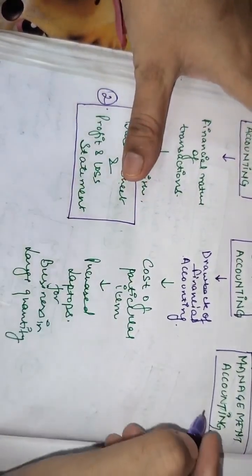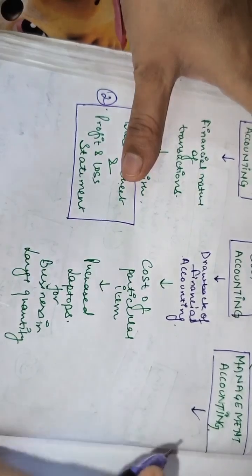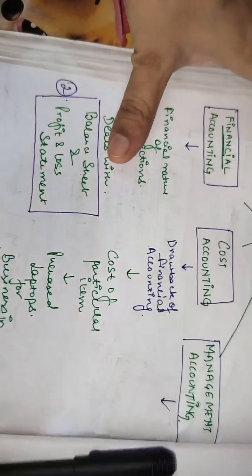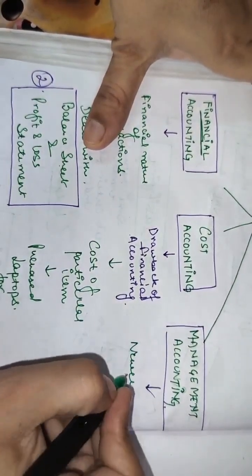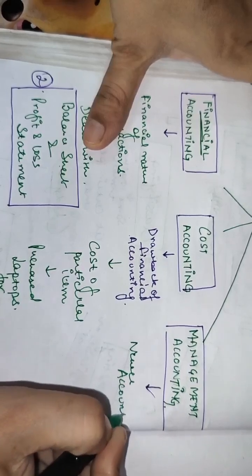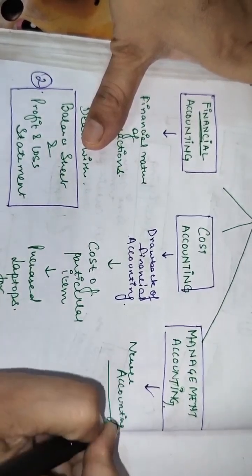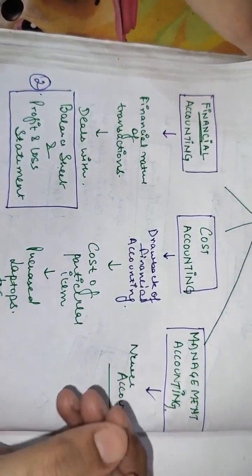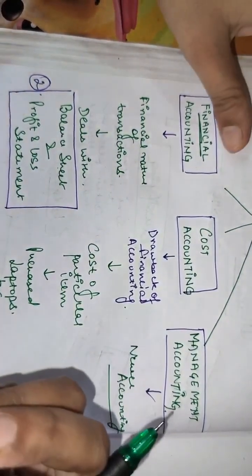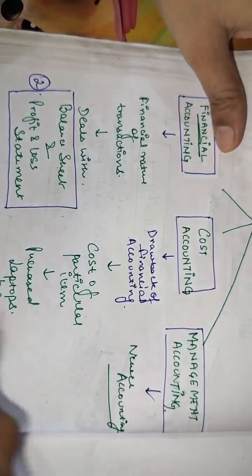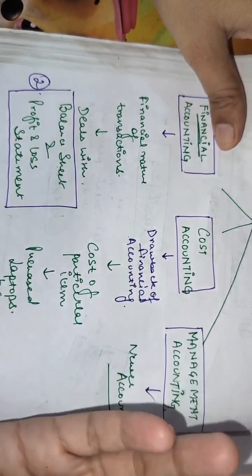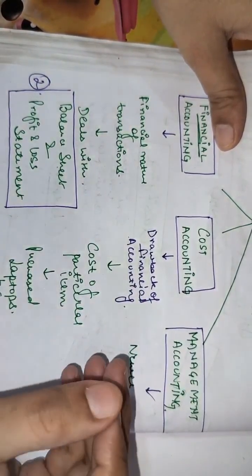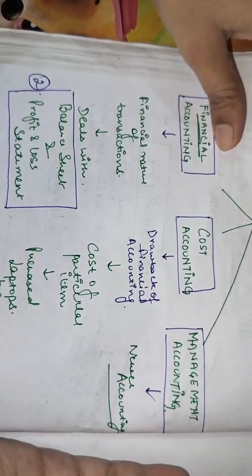The last one is management accounting. Management accounting is the newer accounting. Newer accounting means that it has come into existence when you found out that there are certain users which use the accounting information through which they decide whether to invest in the business or not, whether the business is profitable or not.